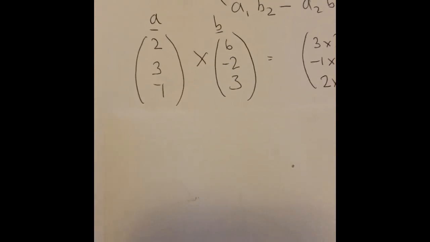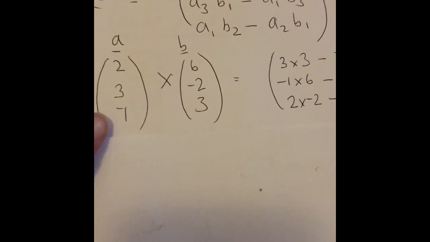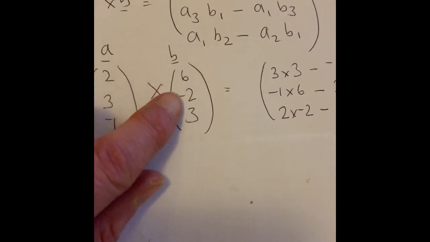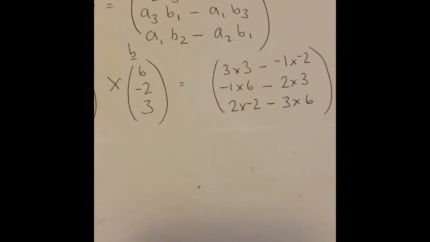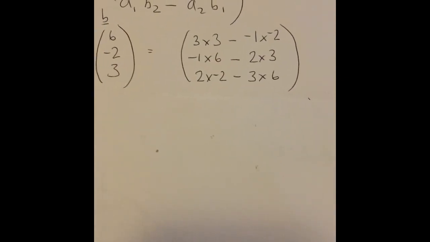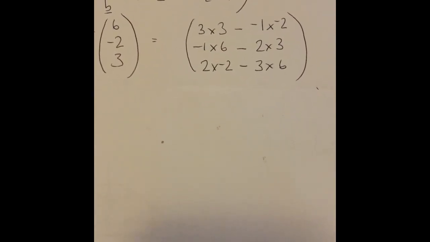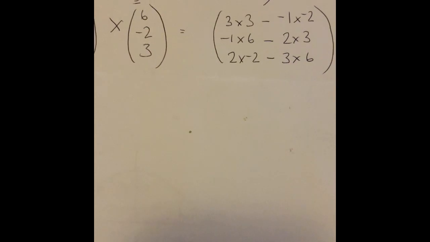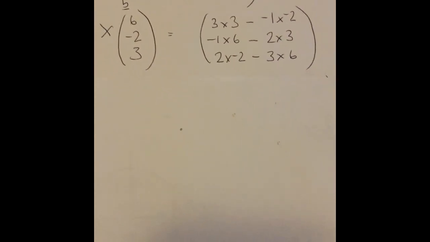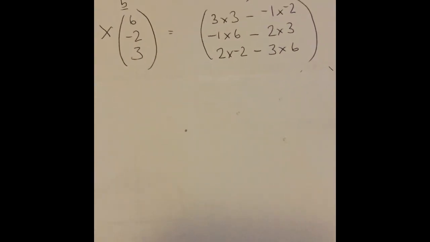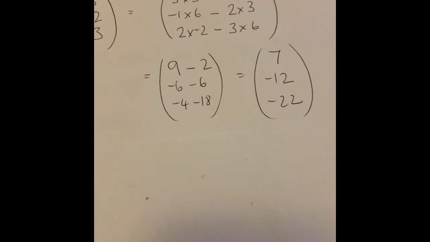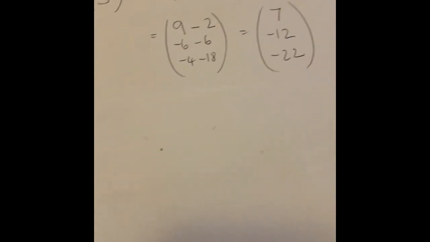You then think of the components as A1, A2, A3, B1, B2, B3. And then all you do is literally put them into the formula. You don't have to think about it at all. So that is another valid method, and they will give you that formula. So when you put those in and work them out, you'll get exactly the same.